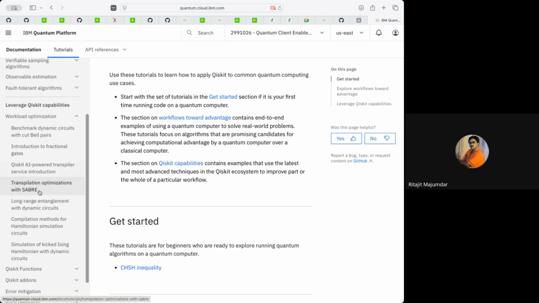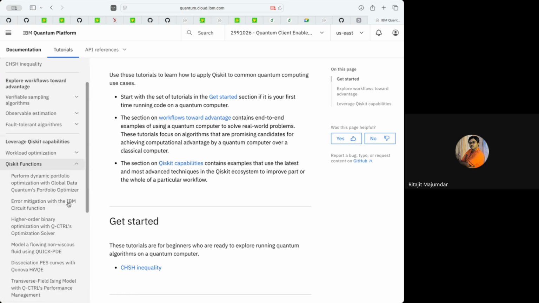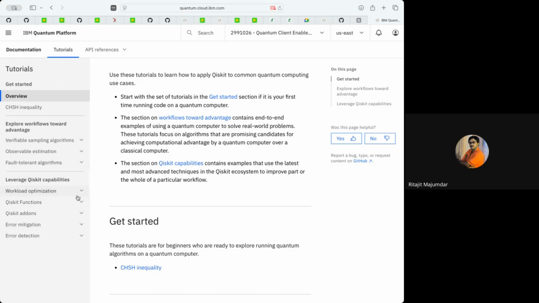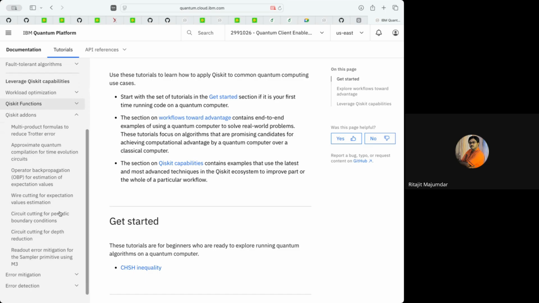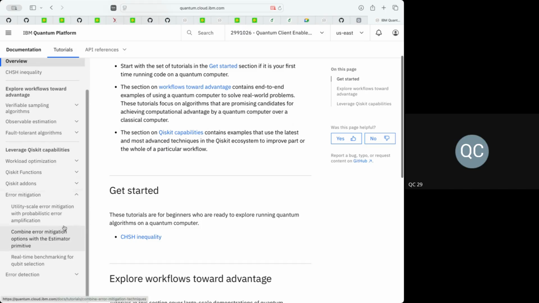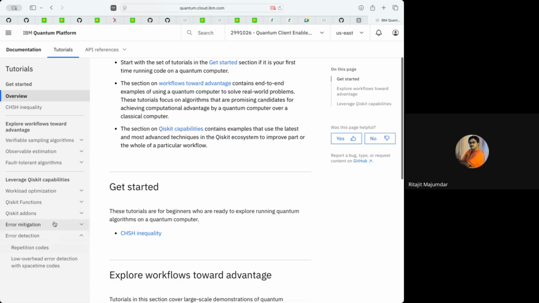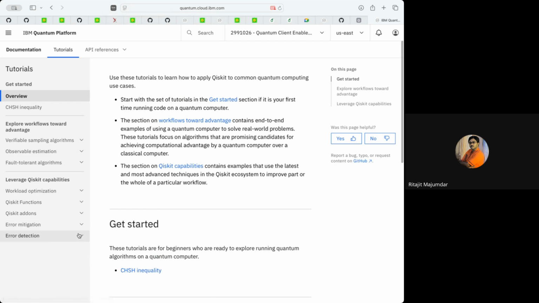This is also here. Then you have functions, which is slightly different, so not going into that. Then you have add-ons, and within add-ons you find these three things: wire cutting, this one for periodic boundary condition, and this one for general gate cutting. Then you have error mitigation tutorials, and more recently error detection tutorials as well. All of these you can just go and find here.